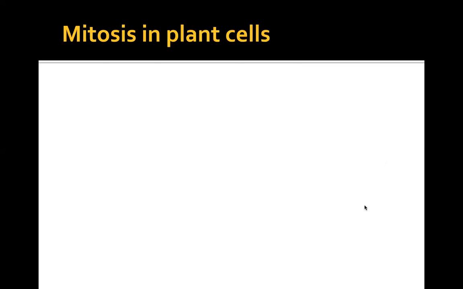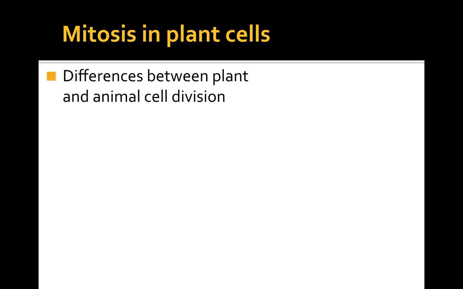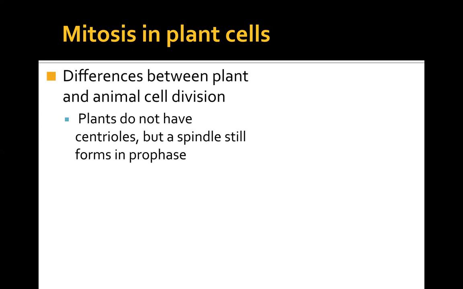However, because plant cells have a cell wall, it's not quite as simple. You can't pinch that kind of rigid cell wall in a plant cell. So plant cytokinesis looks a little bit different. First of all, plants never actually had centrioles to build the spindle fibers, but the spindle fibers still existed.